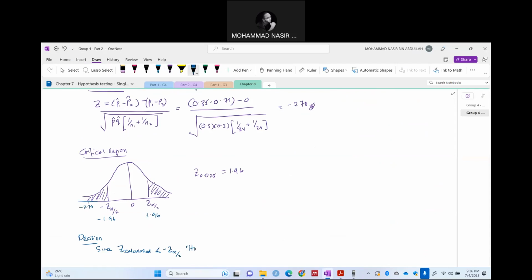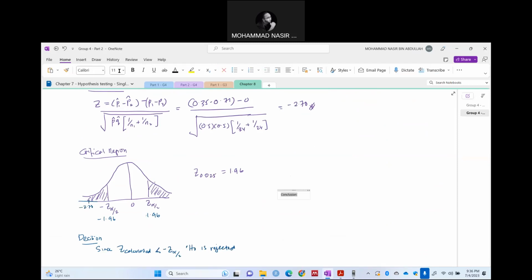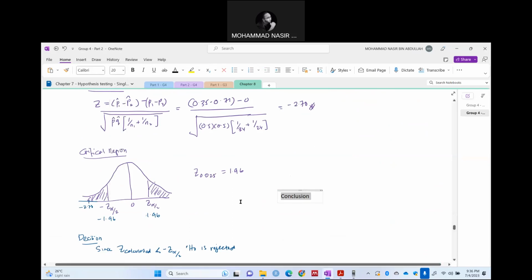So the null hypothesis is rejected. Since we reject the null hypothesis, we conclude based on the alternative hypothesis. So there is a significant difference.